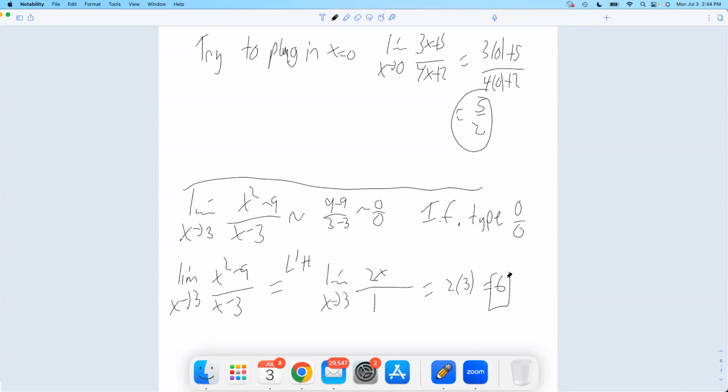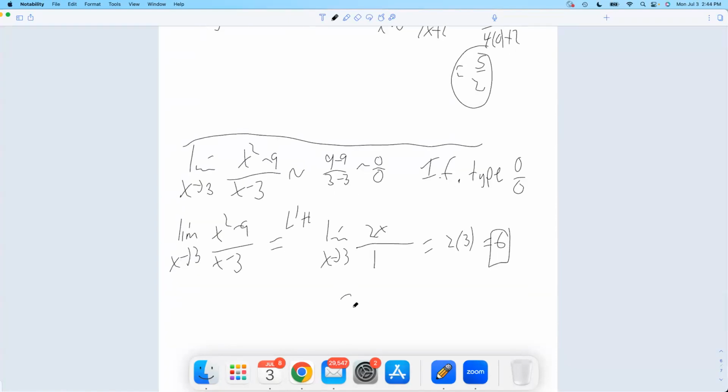I'm done. I got that by plugging in, not taking another derivative. If you took another derivative, you would get 2 over 1, which is the wrong answer. You can only use L'Hopital's rule when you have an indeterminate form of type 0 over 0 or infinity over infinity.